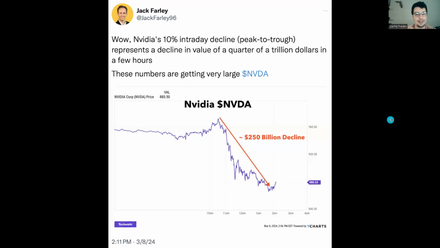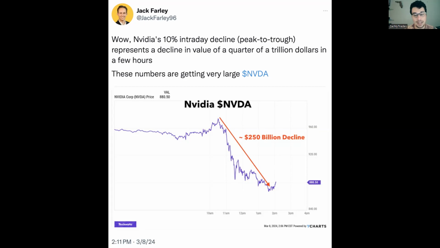But there was a massive 10% intraday decline, okay? Because NVIDIA this past Friday was originally trading much higher, right around 1,000, and then we had a $250 billion decline in NVIDIA. Now, the reason that's crazy is because the market cap for NVIDIA is so large. Normally, they used to say that one of the reasons you don't see Apple trading 5% a day or having these 5% swings intraday was because of how large the market cap was.